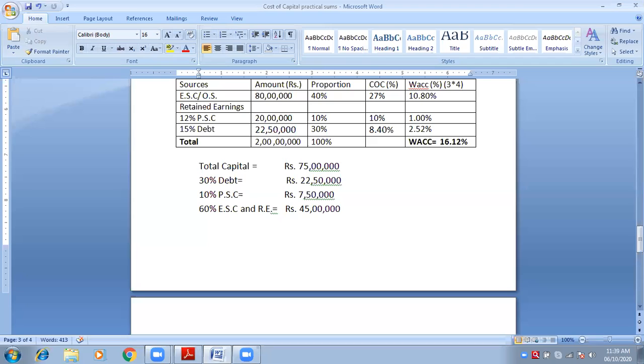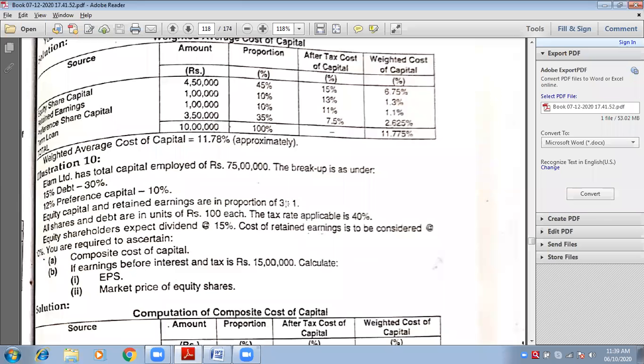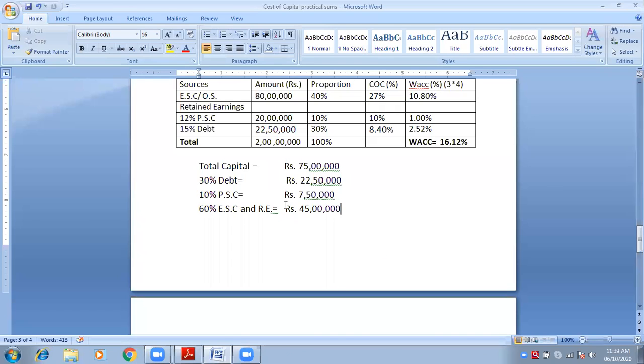Now 45 lakhs is the total of equity and retained earnings. I will have to divide it in the ratio of 3:1. Very simple. The total is 45 lakhs. So equity will have 3/4 and retained earnings will have 1/4. 3/4 part is of equity. Equity is 33,75,000.